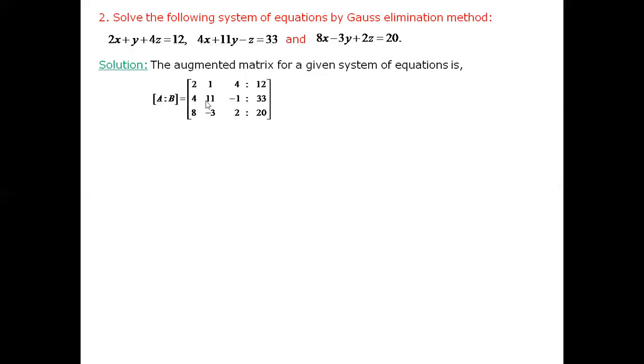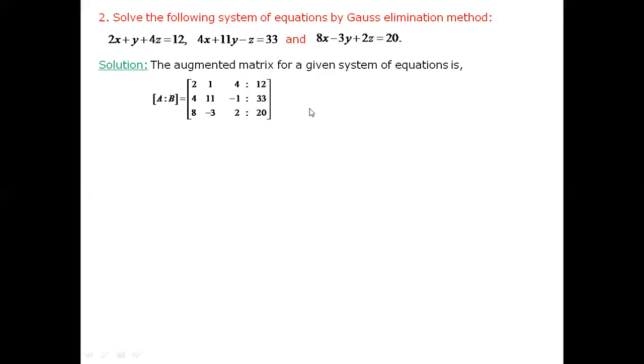So I can write 4, 11, minus 1, colon 33. The third, the coefficients are 8, minus 3, 2, 20. So I can write 8, minus 3, 2, colon 20. So this is the augmented matrix for the given system of equations. This completes your first step of Gauss elimination method.